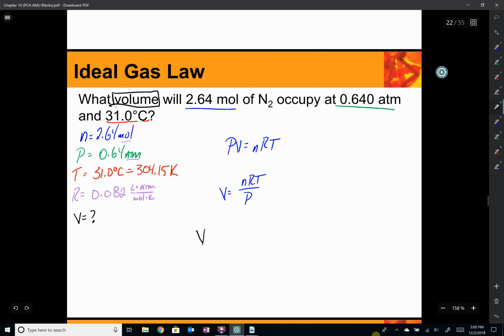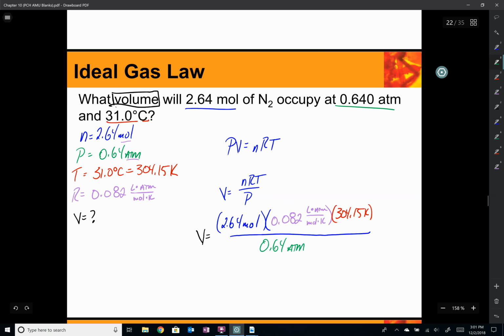So volume is equal to n, 2.64 moles, R, 0.082 liters atmospheres per mole Kelvin, times temperature, 304.15 Kelvin, divided by pressure, which was 0.64 atmospheres.